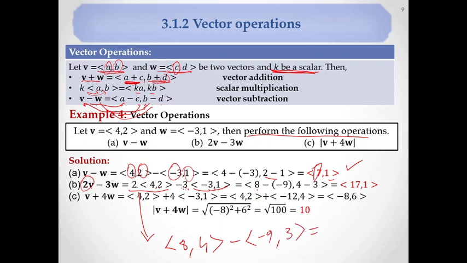And then you subtract, so it will be 8 minus 9 for the first component. For the second component, we have 4 minus 3. This will be negative 1, comma 1.